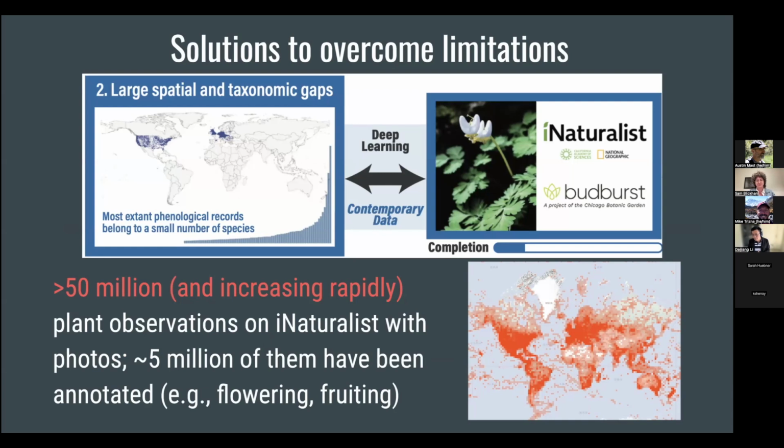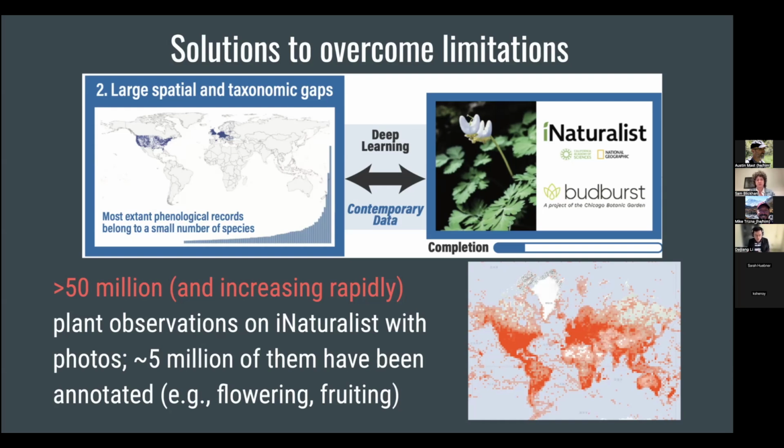So if we can extract this information, that can give us lots of data. Here in the map, this shows all the plant observations from iNaturalist. It's actually pretty well covered spatially, compared with the limitation here. So if we can extract that information from those images, that would be great.